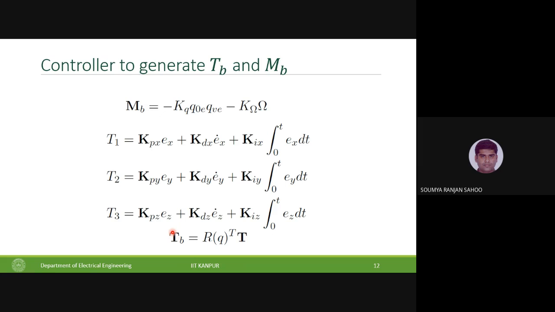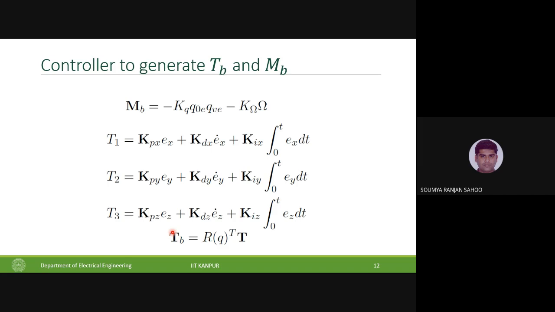You can use robust PID controllers. You can use simple PID controllers. You can use controllers based on differential geometry. You can use sliding mode based controllers. You can use backstepping based controllers if the structure allows you to do so. You can use feedback linearization again if the structure allows you to do so, and so on. So you can use any controller that you want with the proper tuning of these gains.